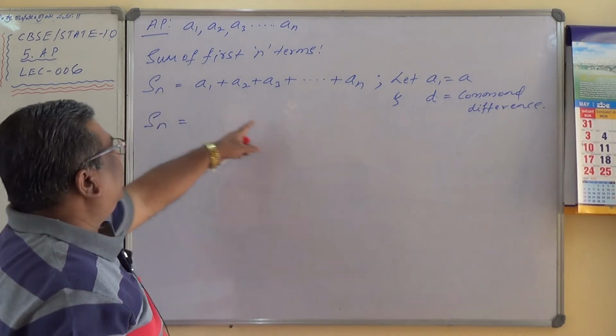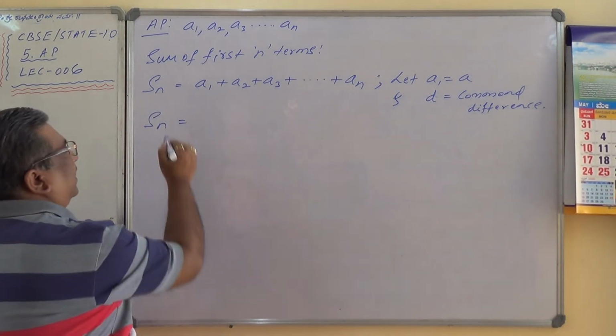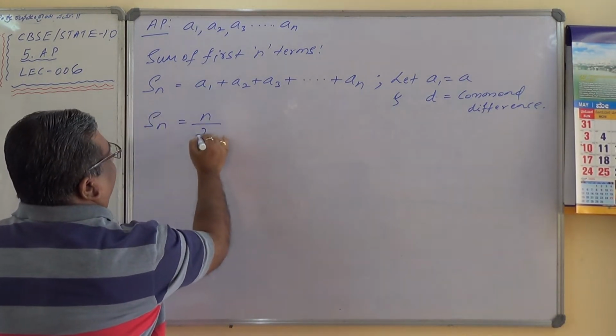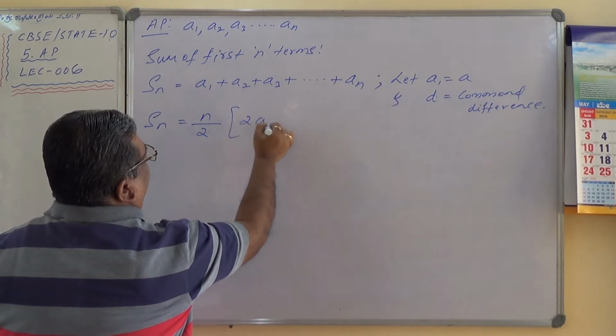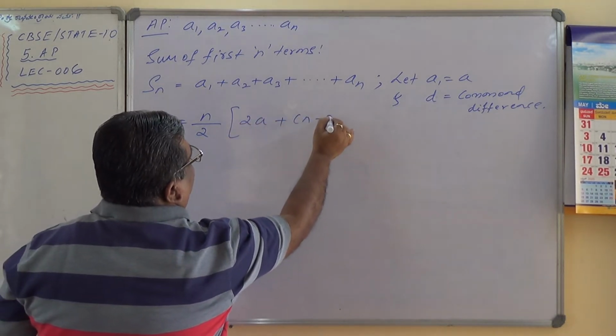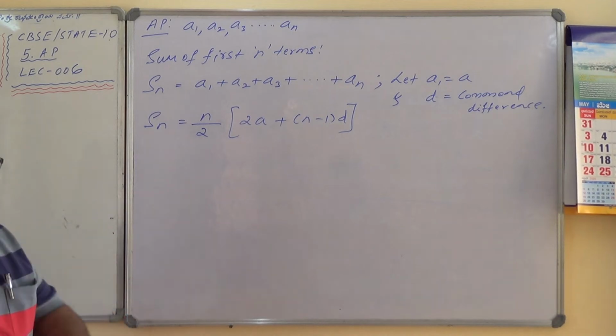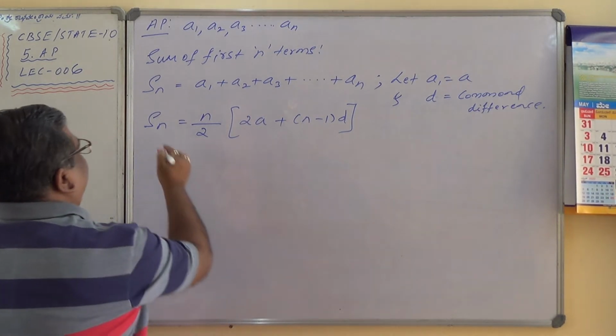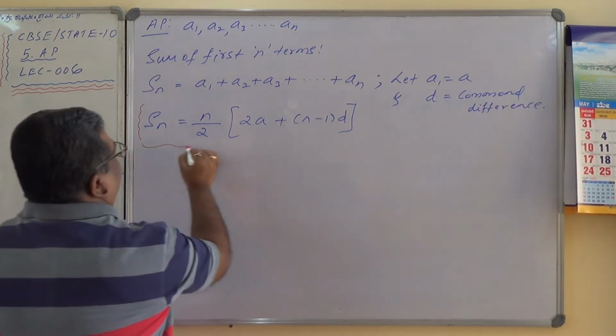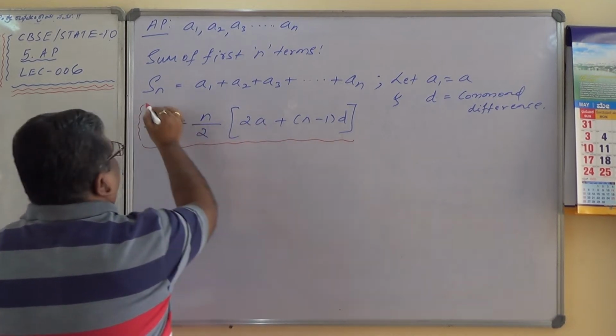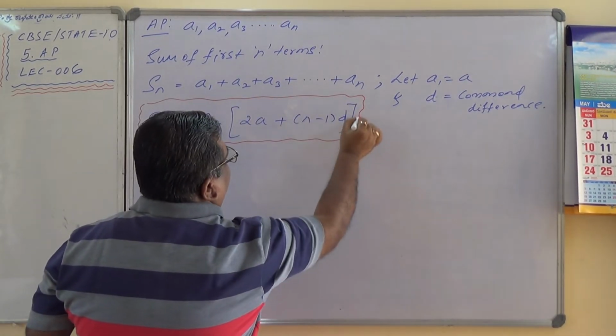So under such conditions, Sn is given by n by 2 into bracket 2a plus n minus 1 times d. This is the formula that we use to calculate the sum of first n terms. Please remember this formula.